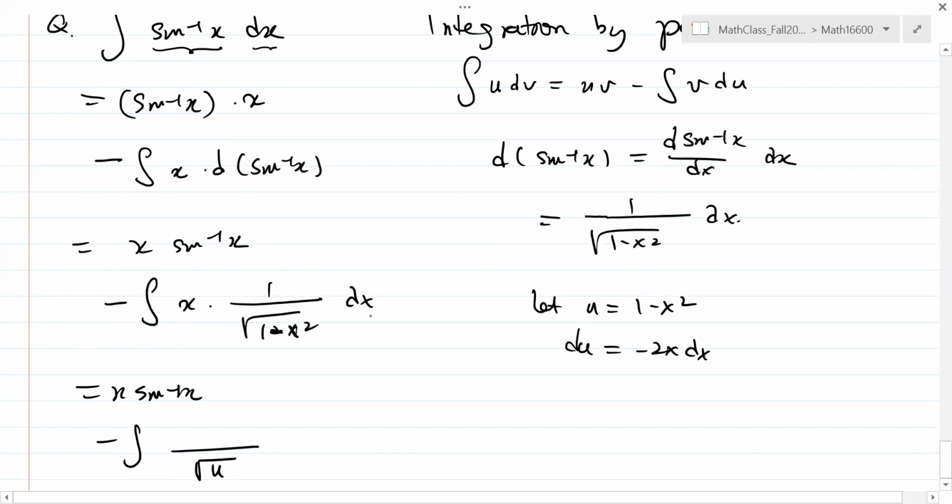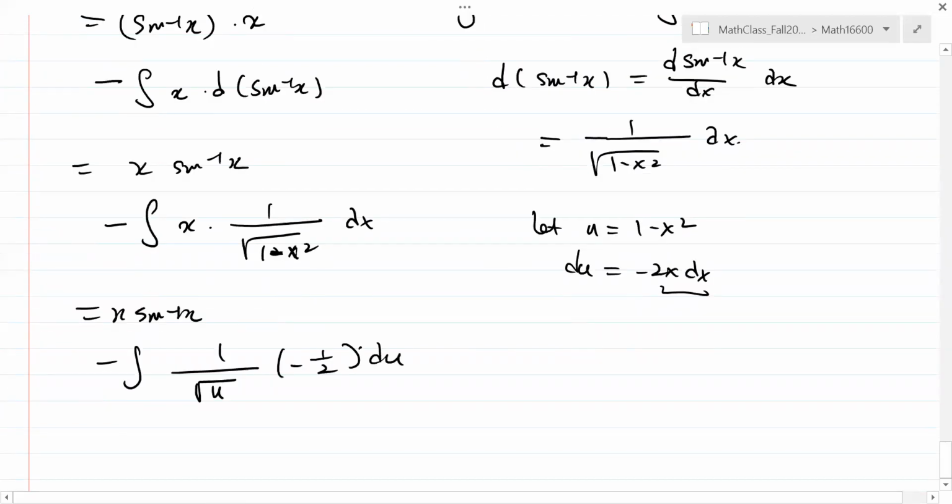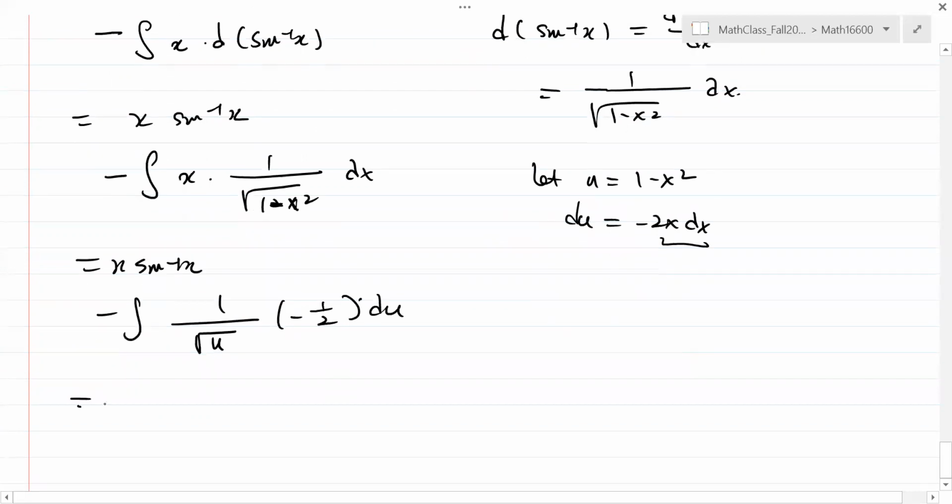And x times dx will be negative 1/2 du. Yeah, you solve for x times dx. So let's simplify a little bit. The negative becomes positive, and this is 1/2. U is in the denominator, so it's going to be negative 1/2 du, right?